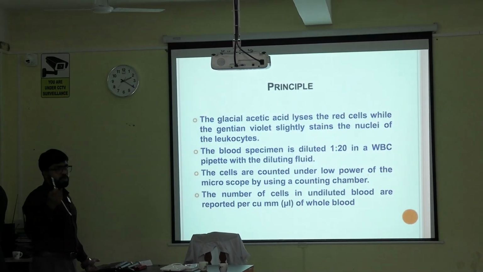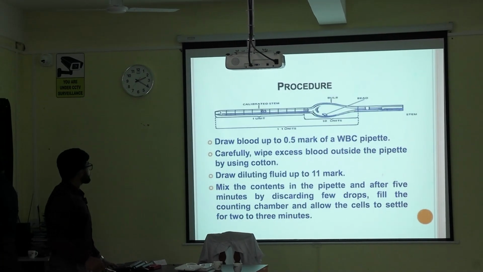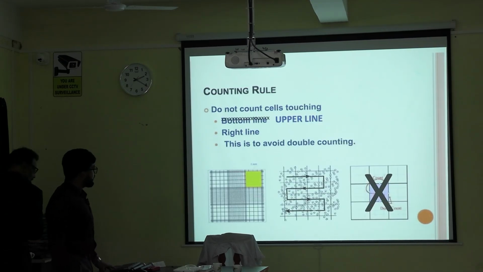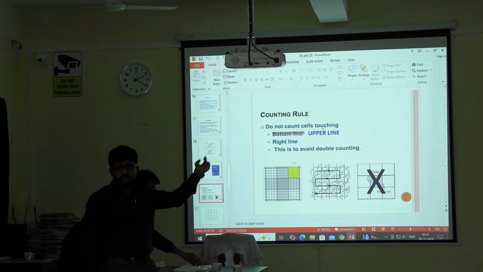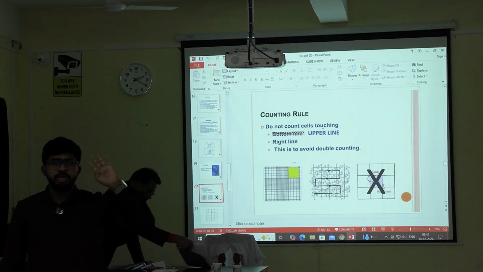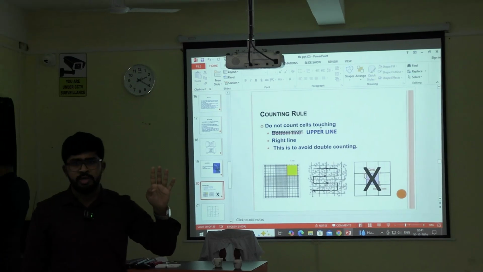So after that, what you do? You do the counting. In case of counting, there are 4 large squares for WBC, and every large square contains 16 small squares.